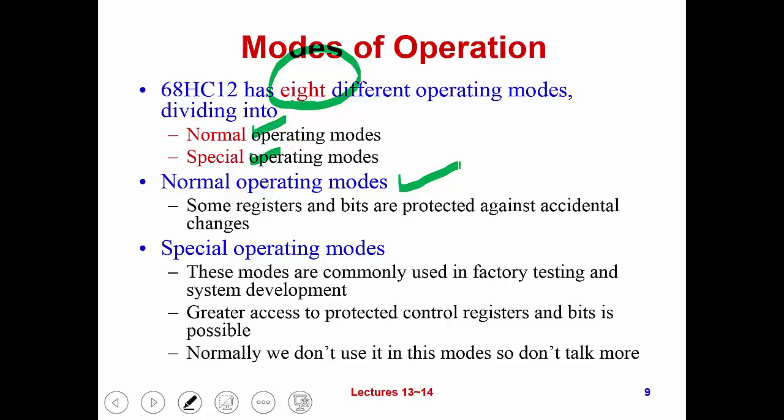In comparison, in special mode they are allowed to change. So if you configure the microcontroller to run in a special operating mode, people are allowed to have greater access to some parts of the data.